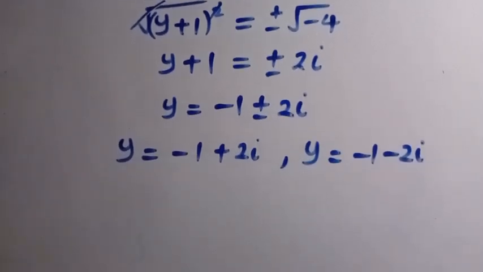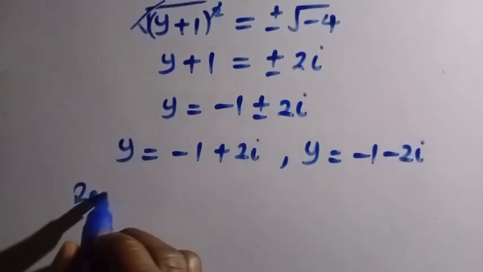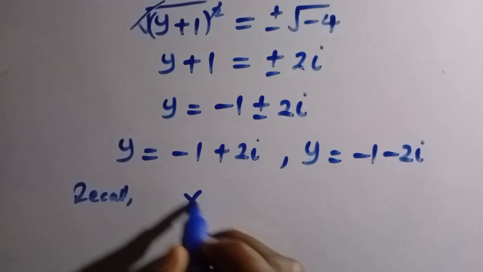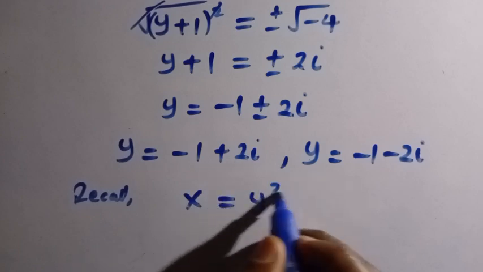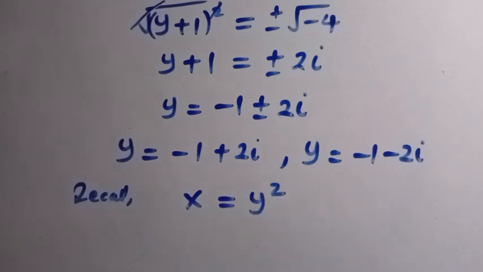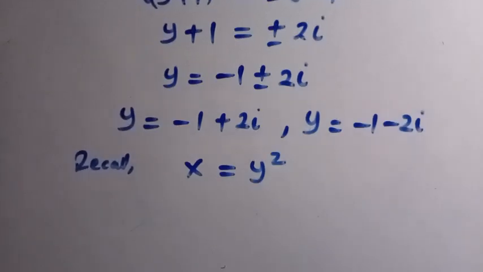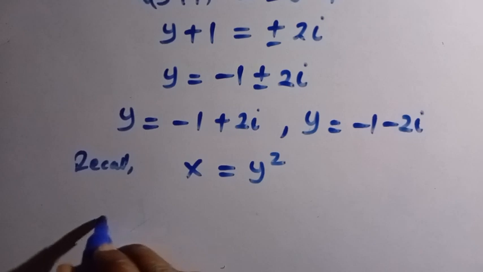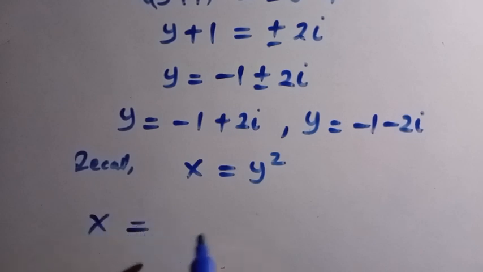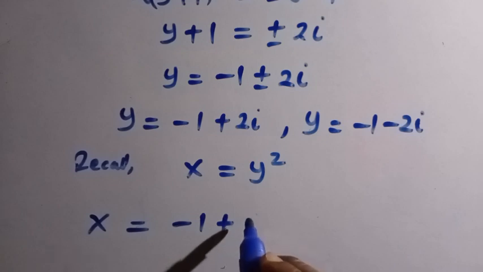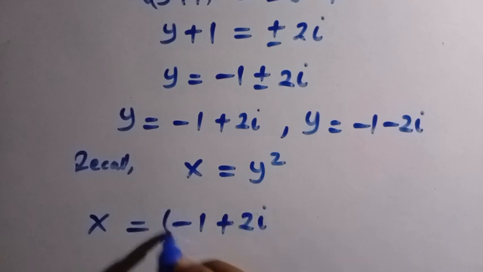Then let's recall that x equals y squared. So let's substitute the value of y into this. We have x equals minus 1 plus 2i all raised to the power of 2.